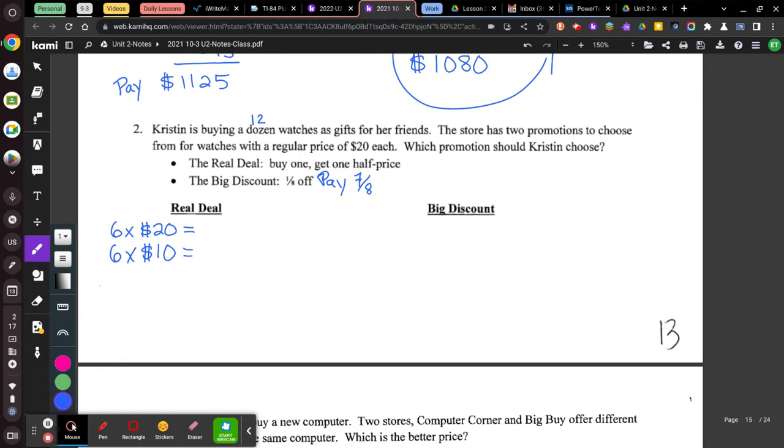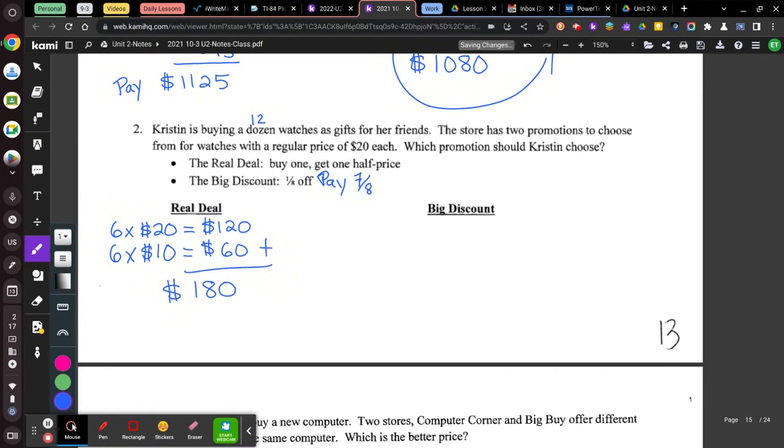Okay, so now we're going to get $120 and $60. Okay, so $60. Our total cost is $180. All right, that's buying 12 watches.